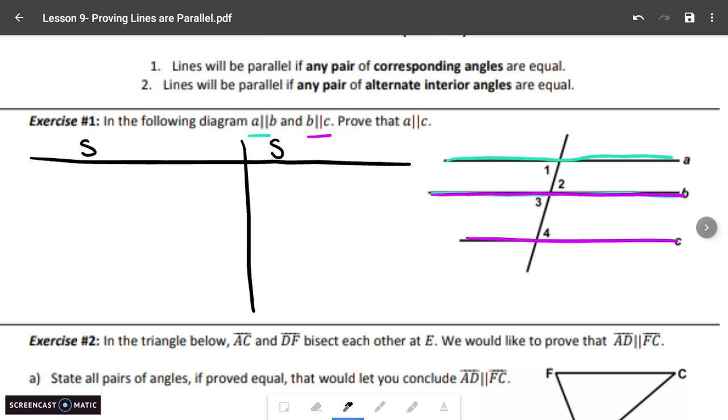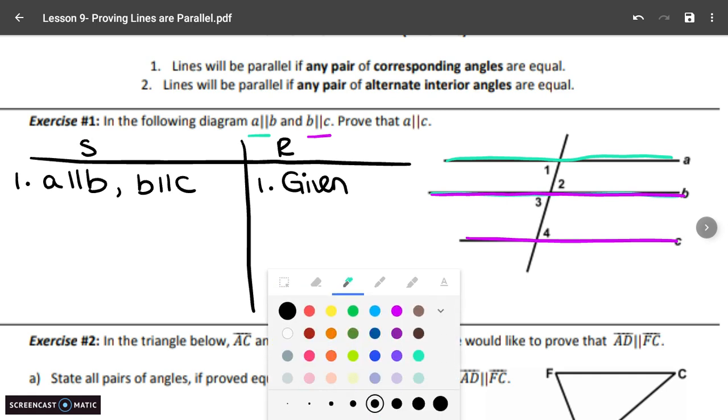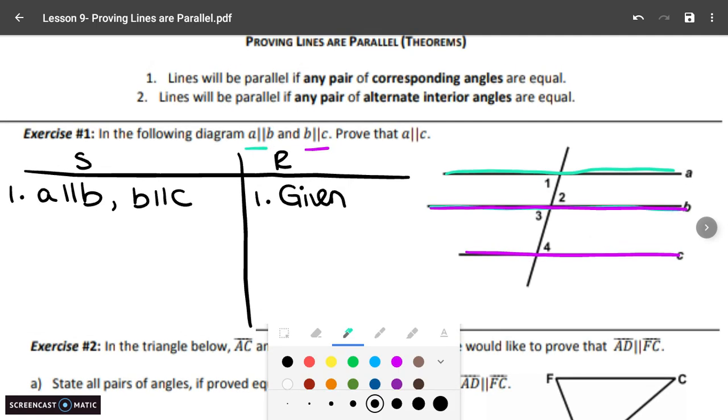So it does say prove, so we are going to set our statement and reason up. And we always start with the given information. So A is parallel to B, and B is parallel to C. And remember, the reason is always given. And we're going to look one step further. The first two angles that I would notice that would be helpful for us are angles 1 and angle 2.